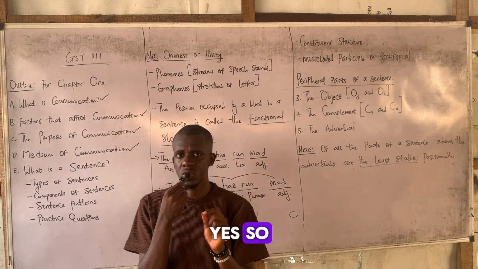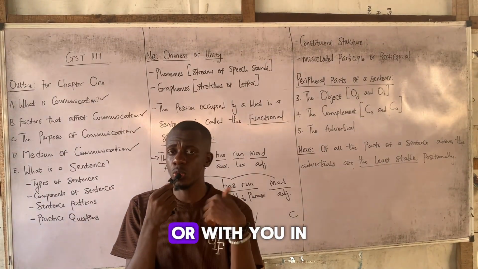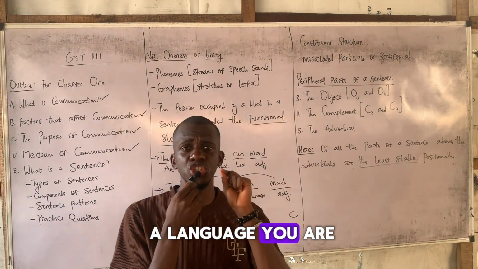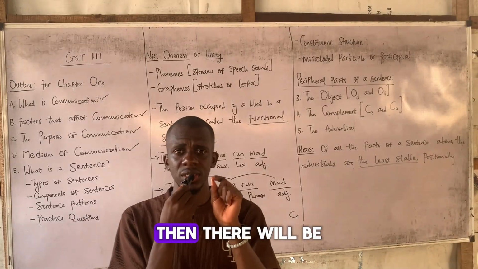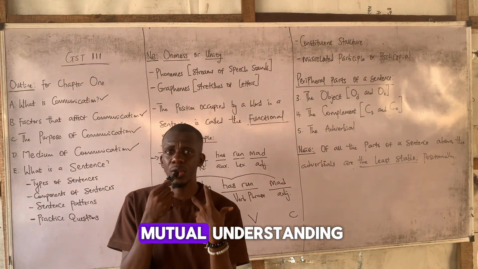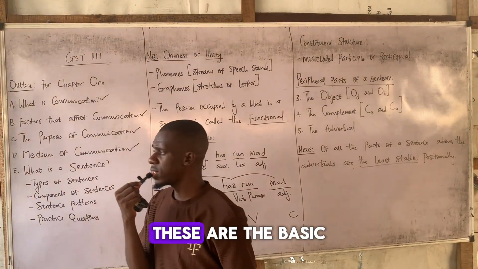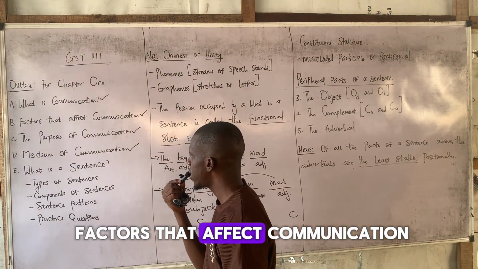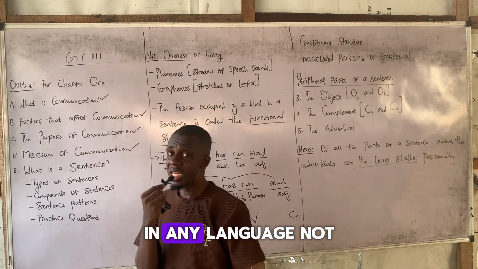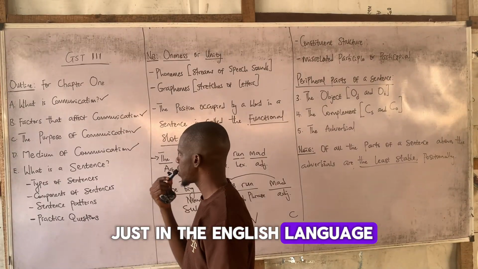So if I communicate with you in a language you are familiar with, then there will be mutual understanding. You see that now? Excellent. So these are the basic factors that affect communication in any language, not just in the English language.